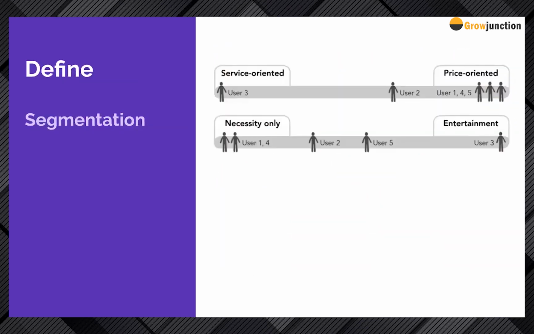Now, when we come to the define phase, when we have already empathized with the user, we need to identify how many users we are actually solving for. For that, we need to create user segments on the basis of some criteria or variables which we define.